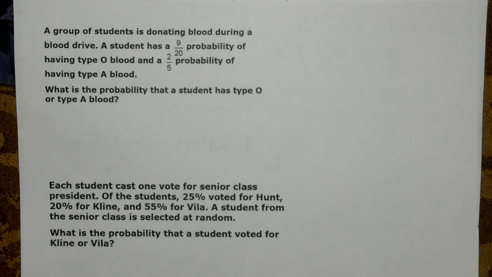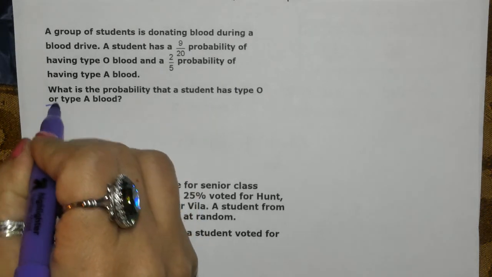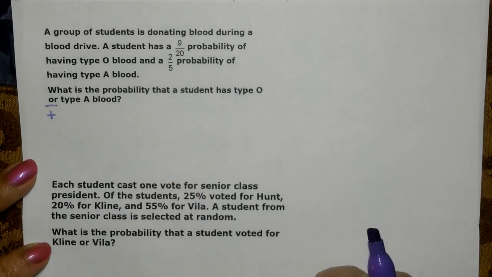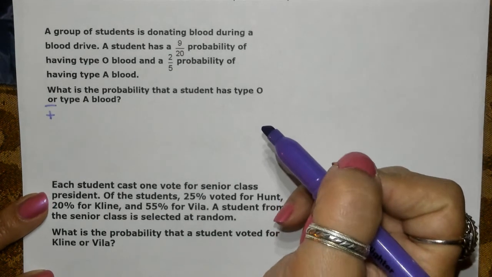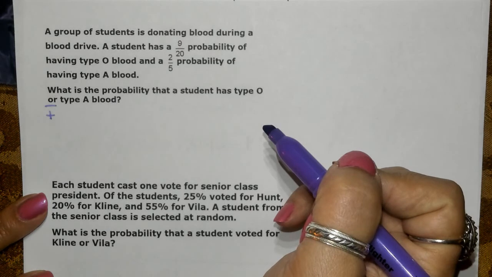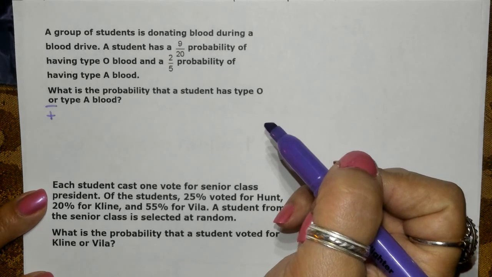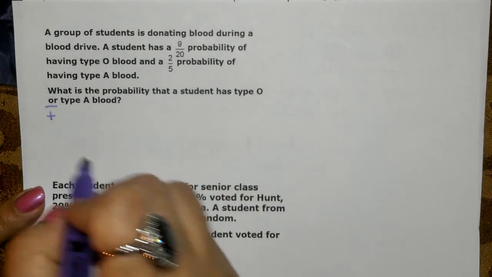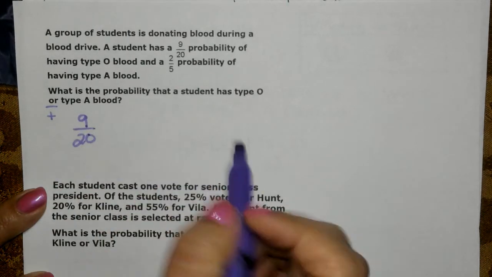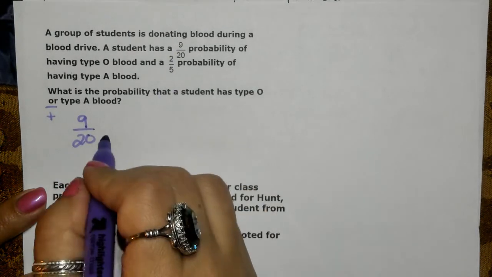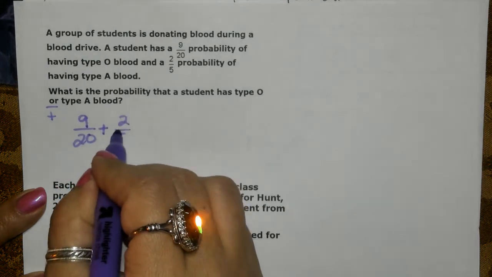What is the probability that a student has type O or, okay, right there, that or, I know I'm adding, type A, okay?